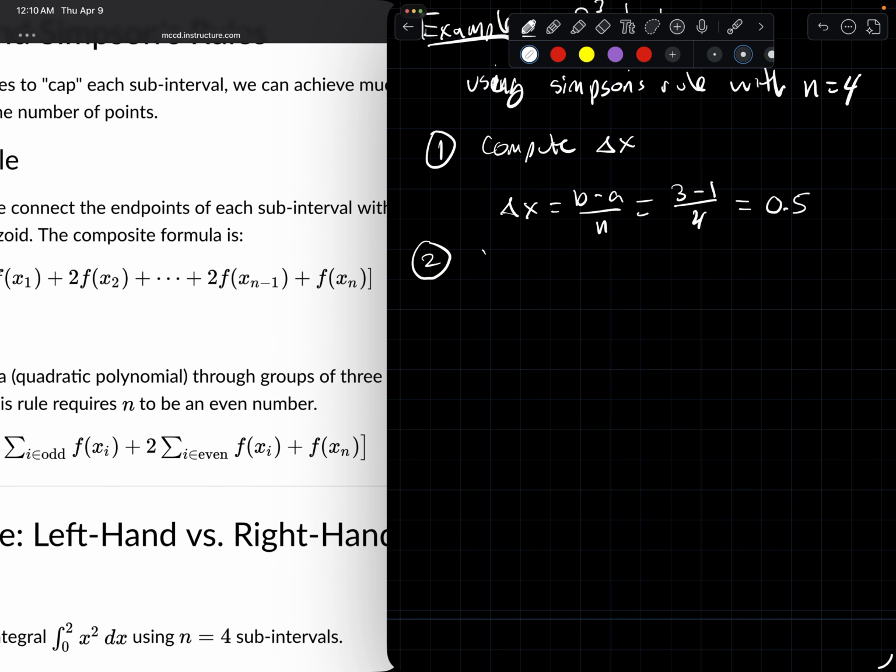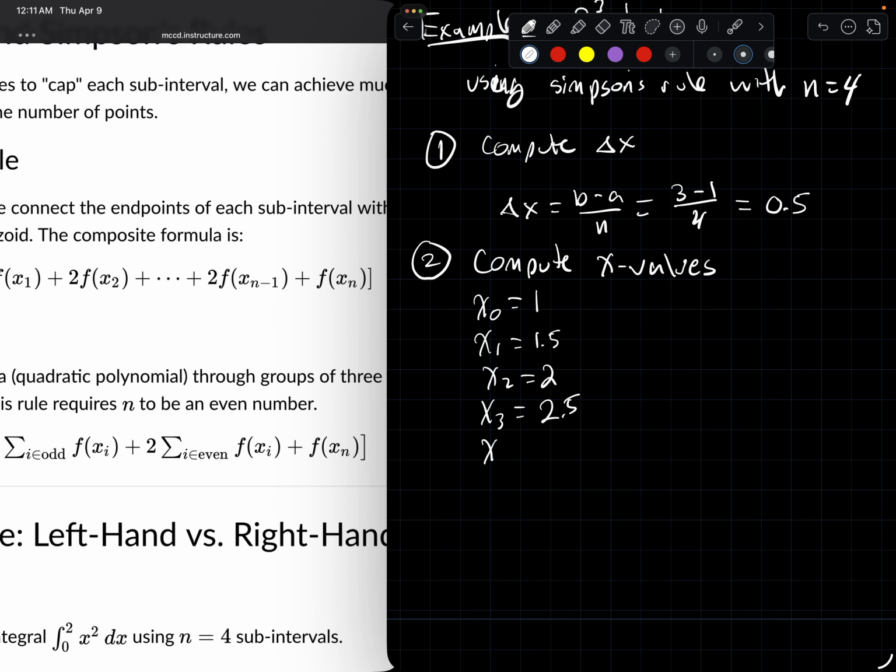The next thing is we need to compute the x values. And again, that's also exactly the same as before. Your first x value is 1 because we're going from 1 to 3. And then from now on, you just add delta x until you get to b eventually.